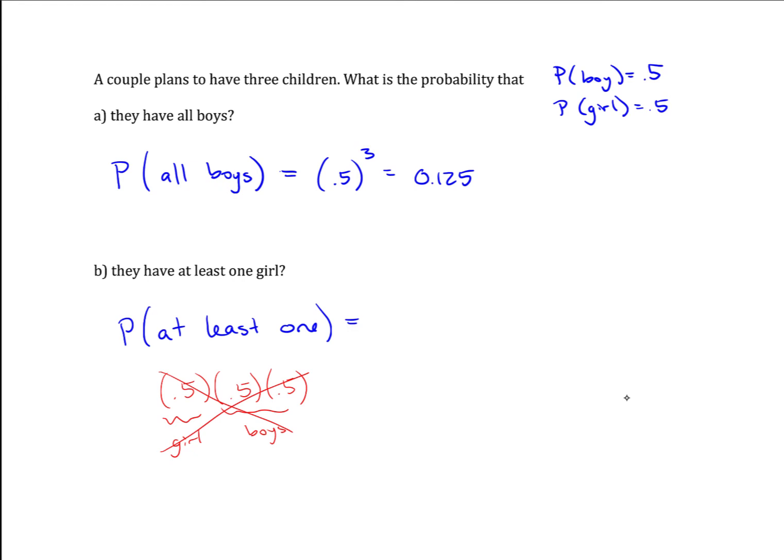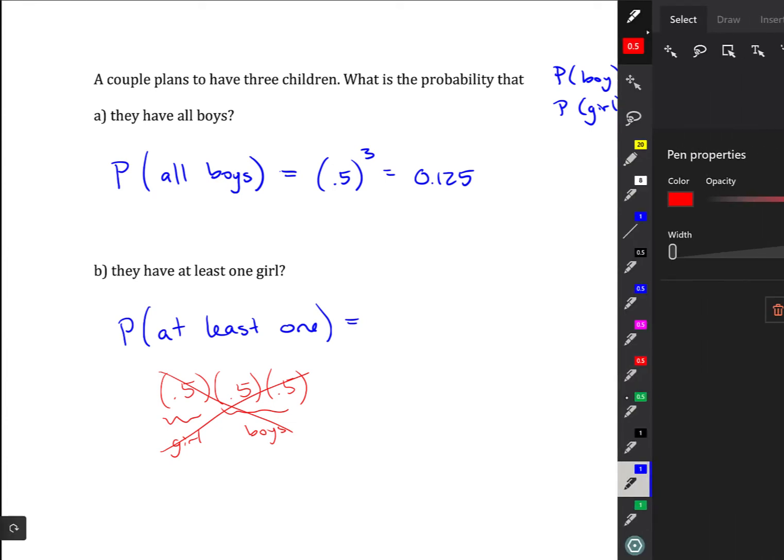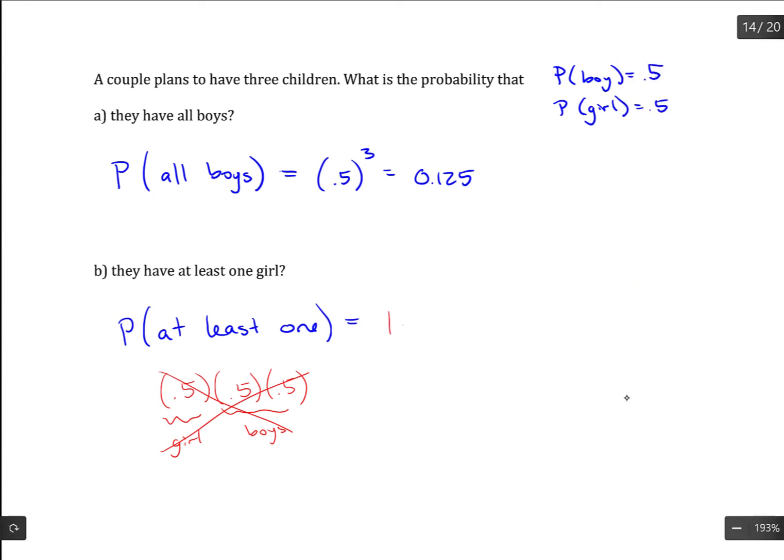The way we have to think about this is we have to think of this as the probability of at least one is 1 minus, oh, that's odd, thought I switched to the blue pen. The probability of at least one is 1 minus the probability of none.